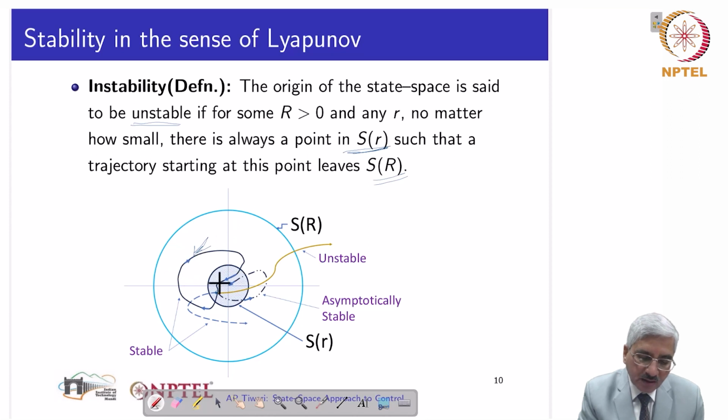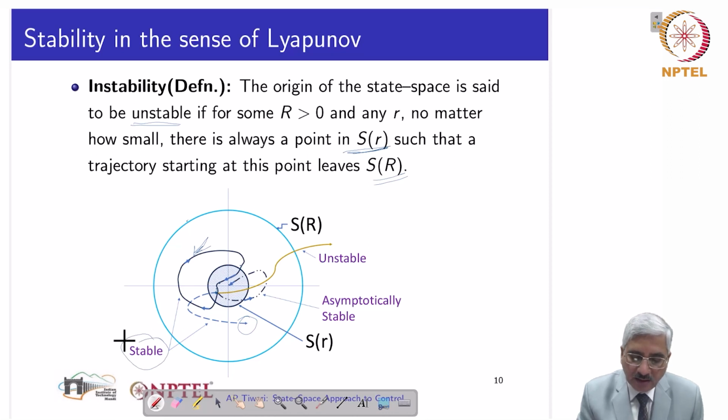However, it comes back into S(r). So it is not going outside S(R). Here it did not come into S(r), and here it has come back into S(r). Both these cases are stable situations.